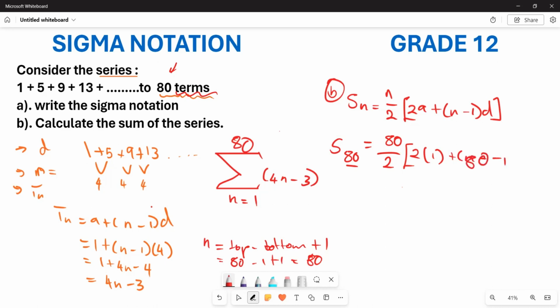So this is 80 subtract 1, close brackets, and your d, which is your difference, is still 4. When you do that, you are going to find that the sum of 80 terms is given by 12,720. So basically, that is going to be the sum.